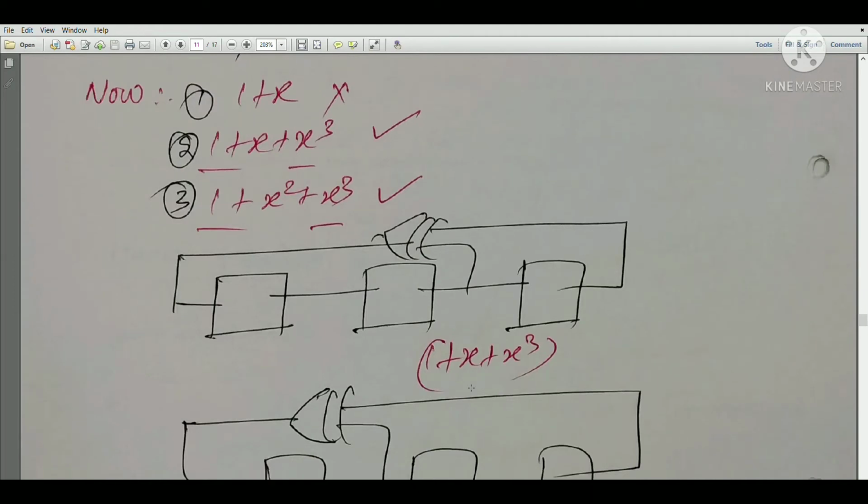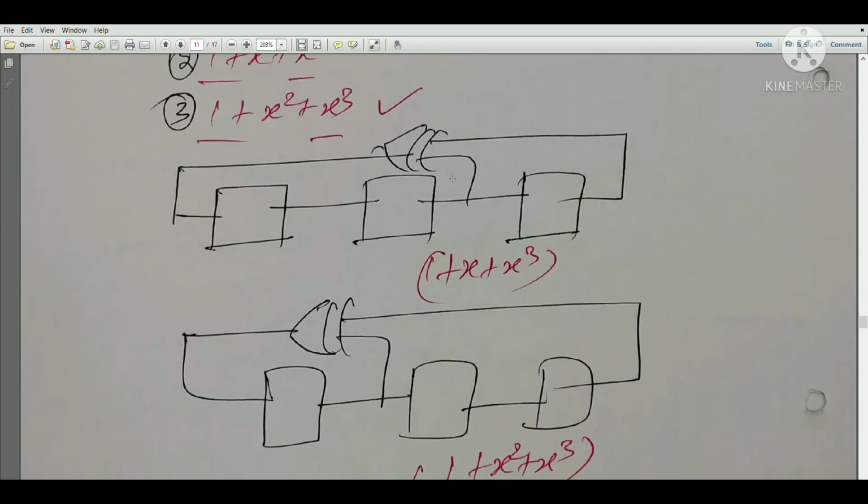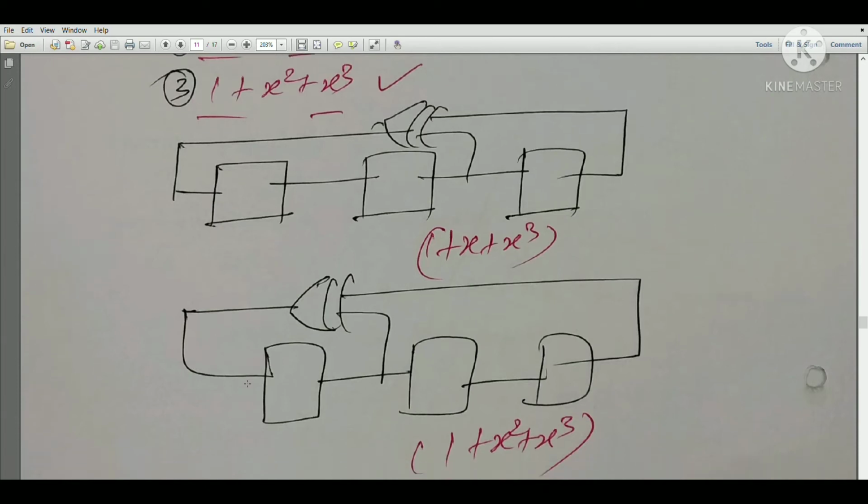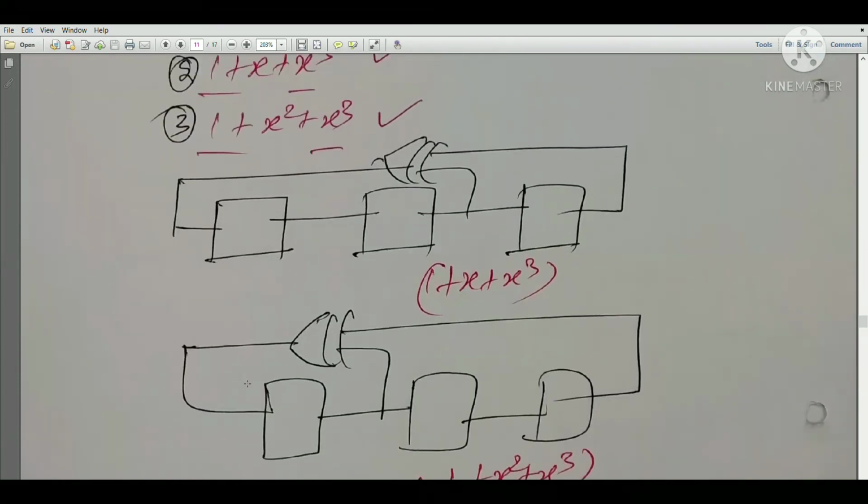Now here at second, 1 plus x square plus x cube, because here we have shifted the tapping to this, so 1 plus x from here, x square from here, and from final x cube. So this is how we can draw the logic for random test pattern, linear feedback shift register with the primitive polynomials.